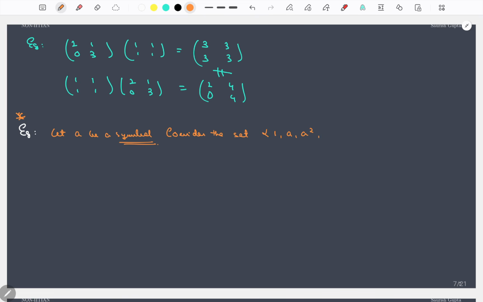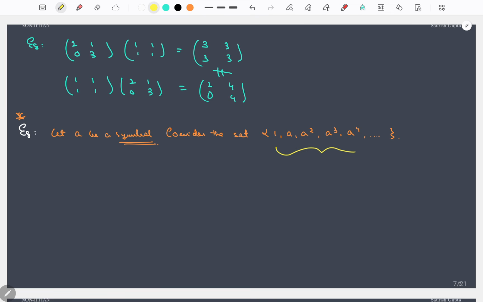I'm abiding by the usual notation, though again I'm repeating, I'm attaching no meaning to anything I'm using here. Then I'll multiply A to A squared, so I'll get A cubed. I'll do it with A to the power 4, and I'll keep continuing this. So what will I typically get? I'll get an infinite set which contains only powers of A, right?